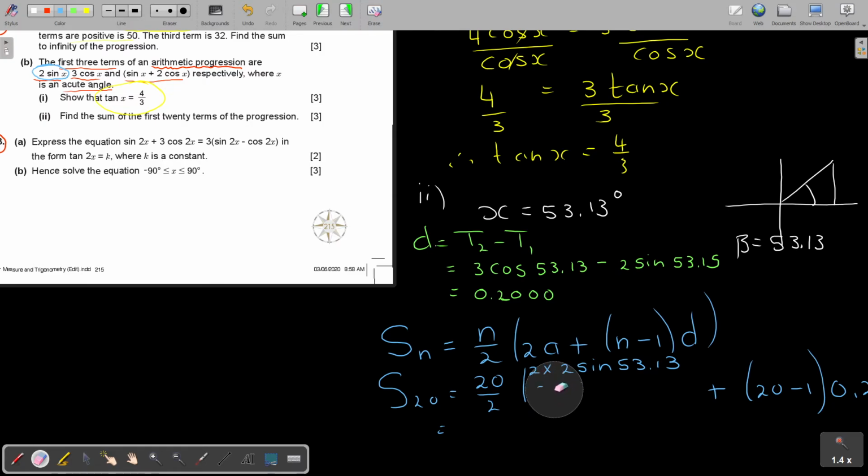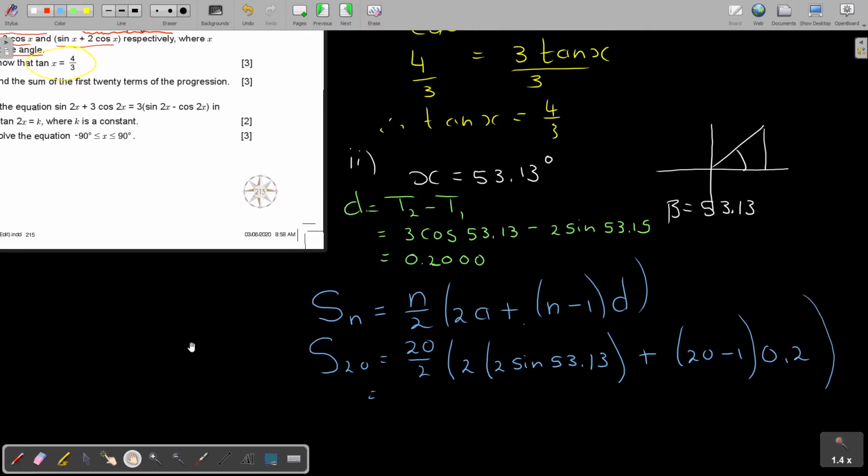Let me write it better and correct it here. Put it in brackets. That was the mistake. So 2 sin 53.13, close. Now we can try to press it again. Still, this is going to be 4. So I prefer to press that first.